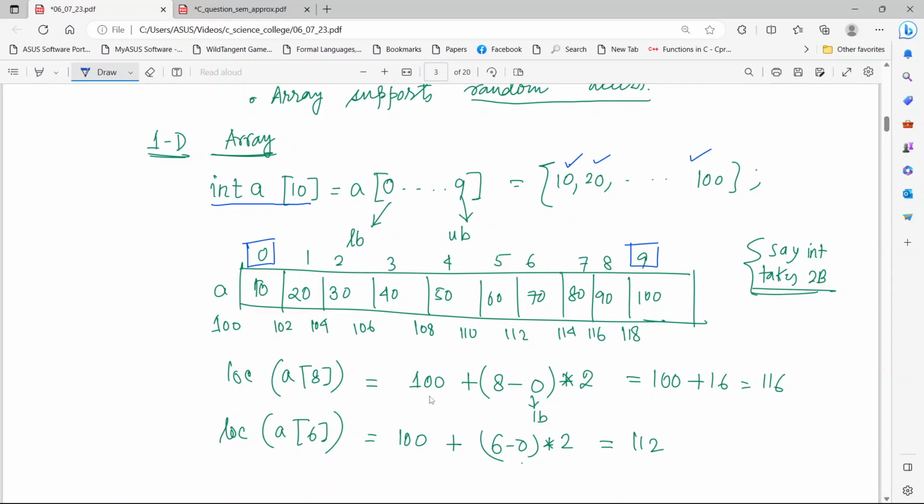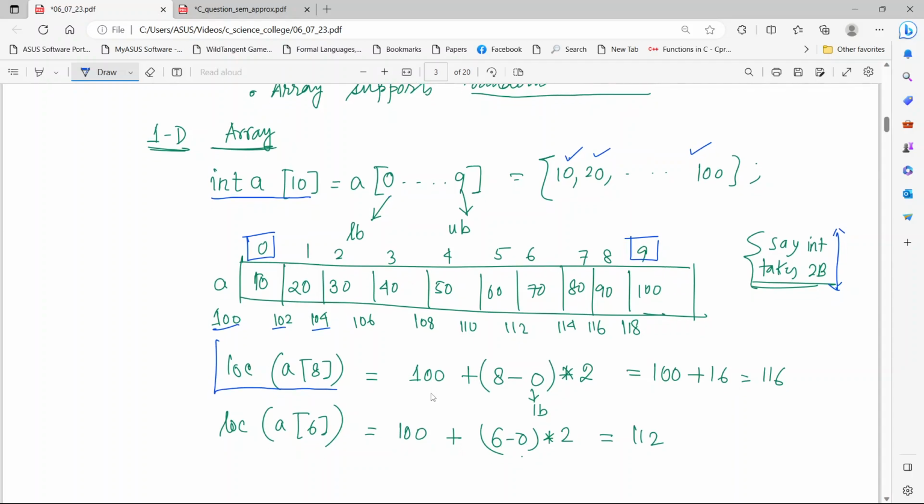And say arbitrary elements are inserted, and if we take that an integer takes 2 bytes, then this is 100, next is 102, next is 104, it goes on like that. So if I want to find the location of A8, what is the formula? That is the base address plus the index.